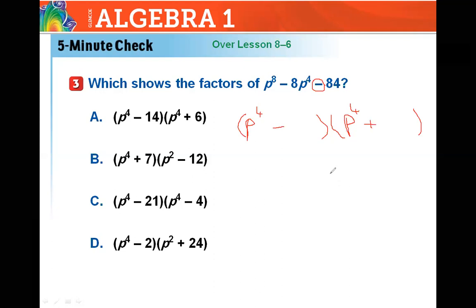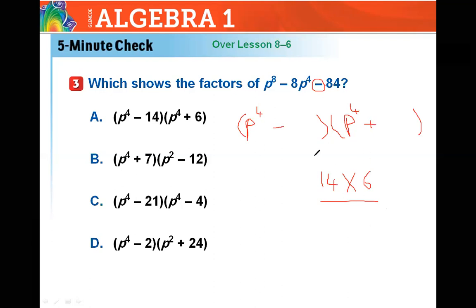I write the factors 1 times, 2 times, and so on, till I reach 6 times 14, which equals 84. If you subtract 14 minus 6, it will be 8.